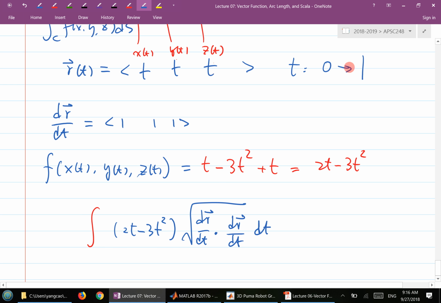The integral limits here are 0 to 1. So 0 to 1, 2t minus 3t squared, and dr over dt dot itself is 1 plus 1 plus 1, so that's root 3.